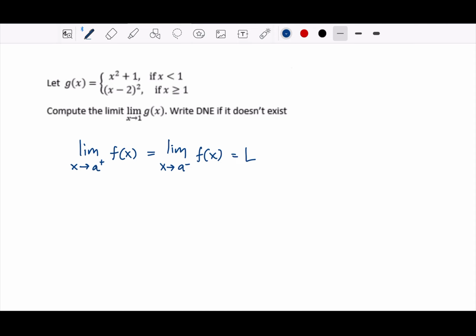So we can make our limit as x approaching one from the left. Now the function will be determined by this piecewise. Because it's from the left side, we are using this x squared plus 1.